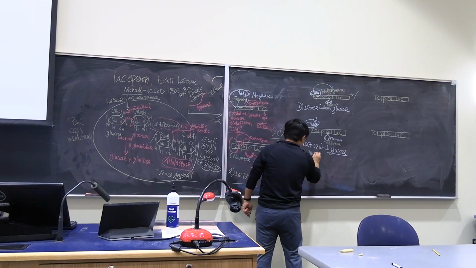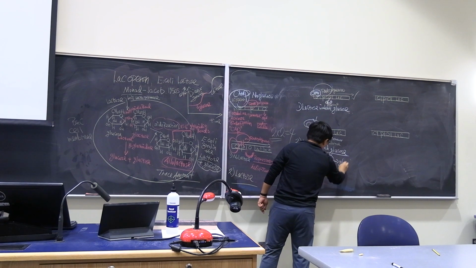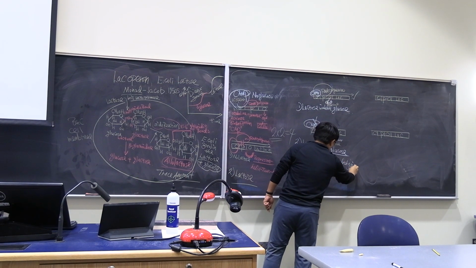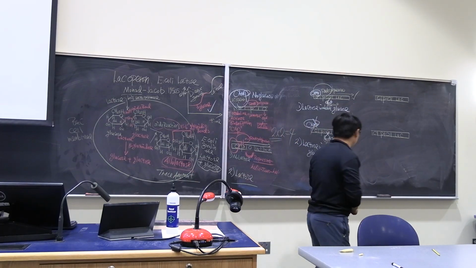Instead, they have glucose 6-phosphates going through glycolysis. This would happen. Bacteria use glucose first.